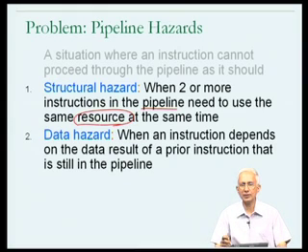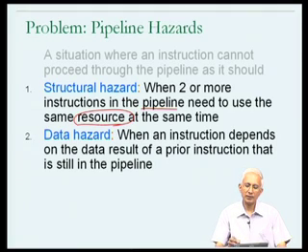The second kind of hazard which the architect and the programmer has to worry about is something called the data hazard. It relates to the data that the instructions of the program are manipulating, and it describes a situation where an instruction depends on the data result of a prior instruction that is still in the pipeline.